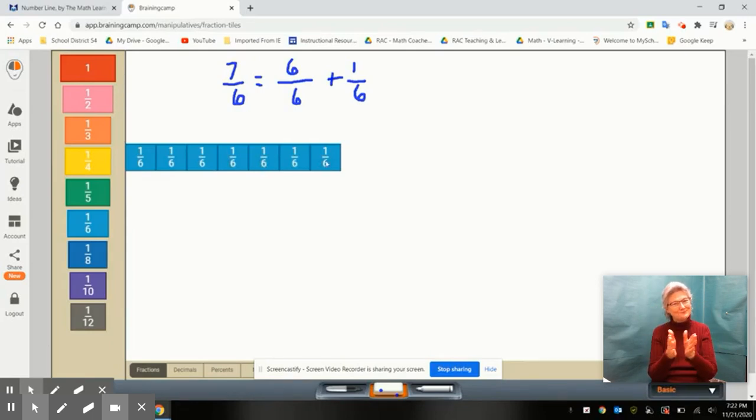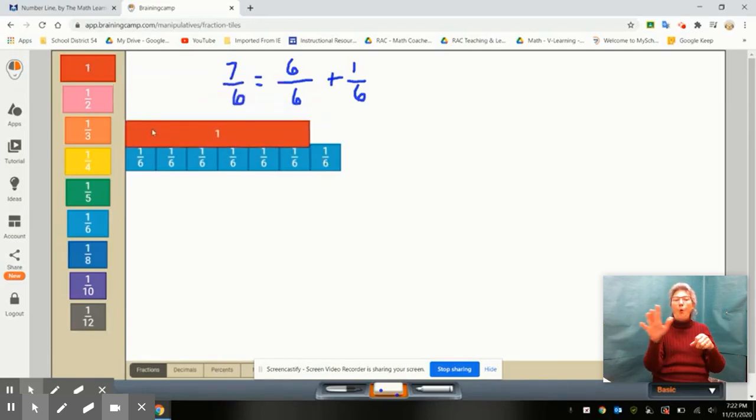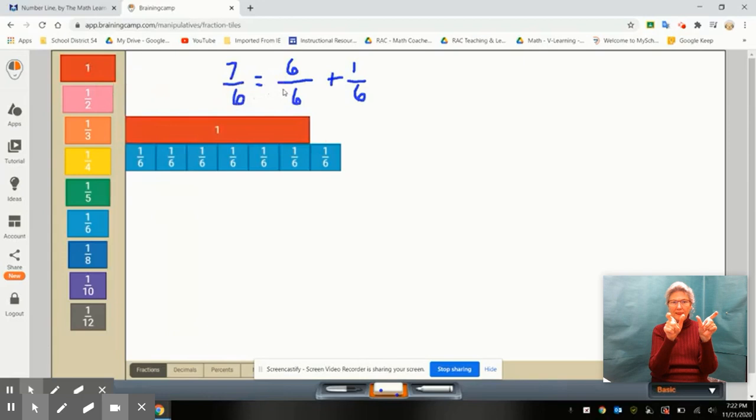Awesome. So we decompose 7/6 to equal 6/6, which is equivalent to, you got it, 1 whole. So I'm going to lay that there because I know that 6/6 can also equal 1 whole. And then we added our additional 1/6 sized piece.